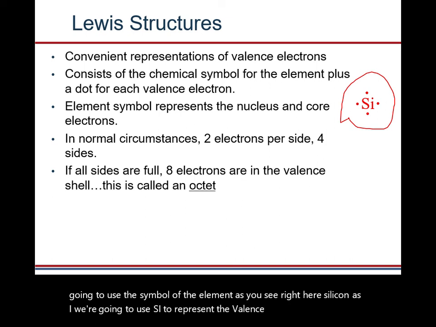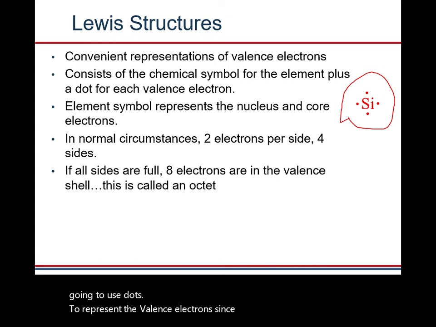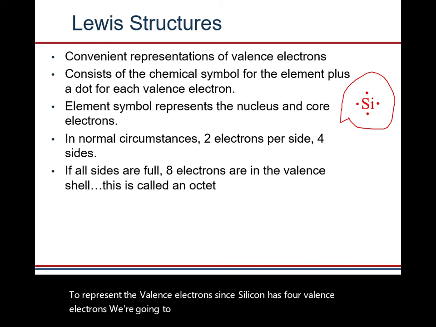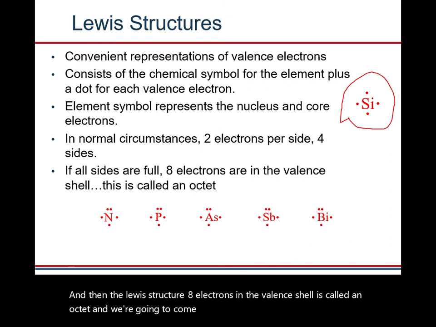Then we're going to use dots to represent the valence electrons. Since silicon has 4 valence electrons, we're going to put 4 dots on it. And in the Lewis structure, 8 electrons in the valence shell is called an octet, and we're going to come back to what that means in a bit.